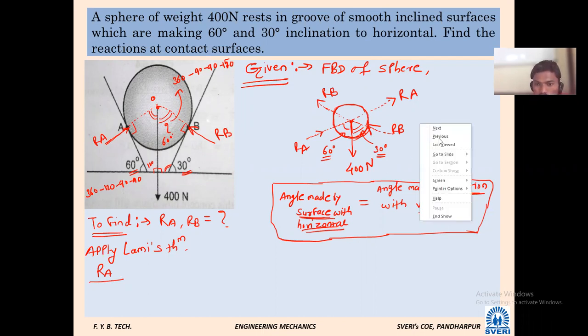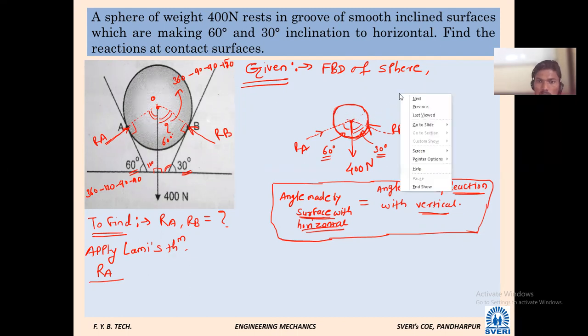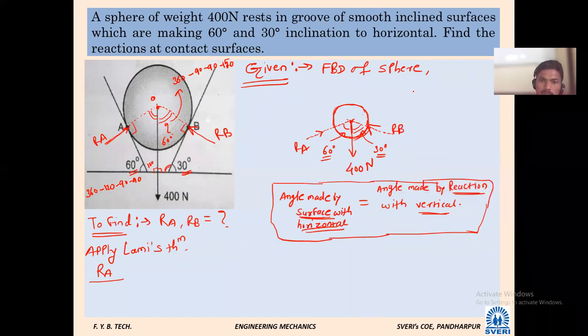You may be confused. I will remove this just a bit. Just I have shown, but I will remove this. Don't worry, confusion is not necessary. Not necessary to show this. Now you can tell me. RA divided by sin 30.